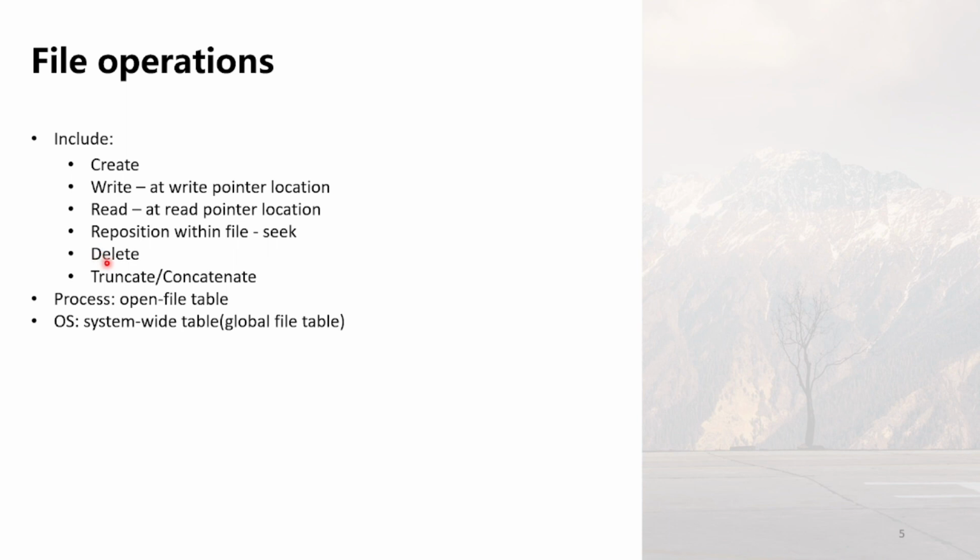When a file is no longer needed, we can perform a delete operation to free up the occupied space. Truncating is another operation that can reduce the length of the file, splitting it from a specific location, deleting the content at the end of the file, while keeping the content at the beginning.